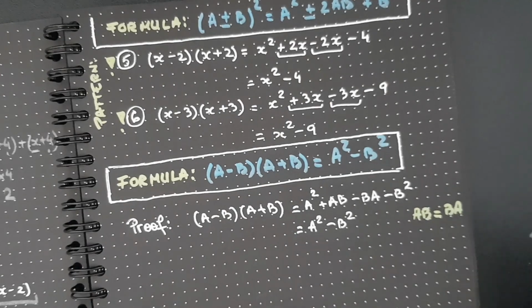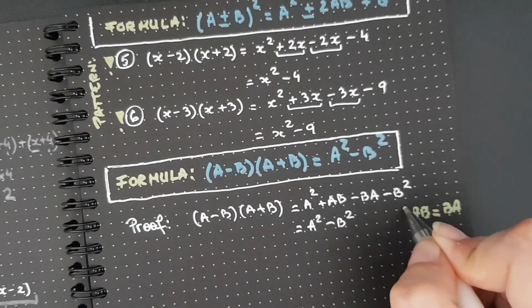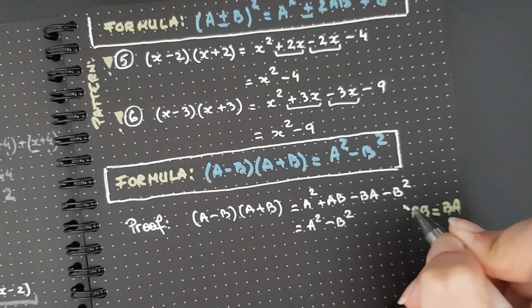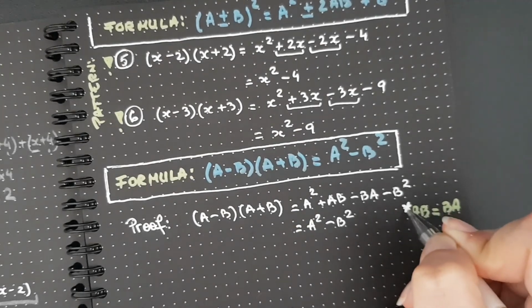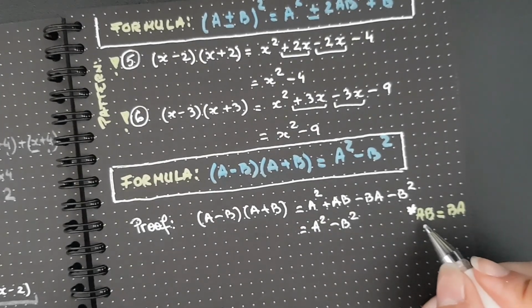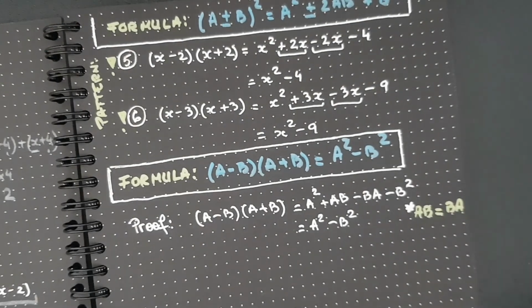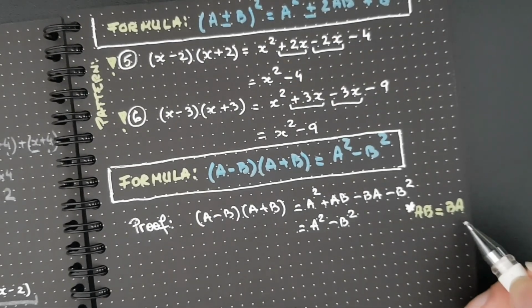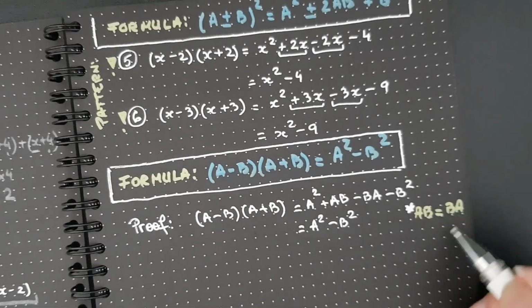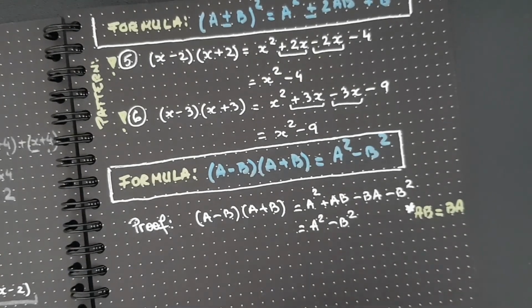So yeah, this is another formula. I've put here just a little sign because I do want to emphasize that any two numbers multiplied together, it doesn't matter the order in which we multiply them, but there are places in maths where this actually matters. And anything I want to mention about this?